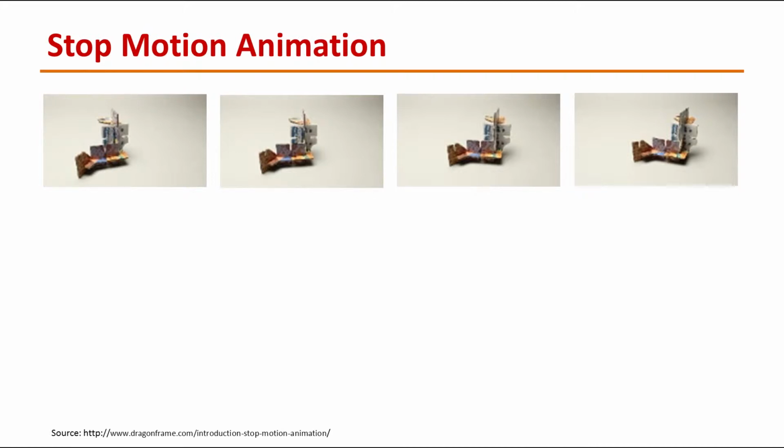In the past, stop motion was used as a form of special effects for live action films and has largely been replaced by 3D animation and visual effects work. Here you can see a stop motion animation has been created by keeping an object at 4 different frames and then you are seeing it in quick succession.